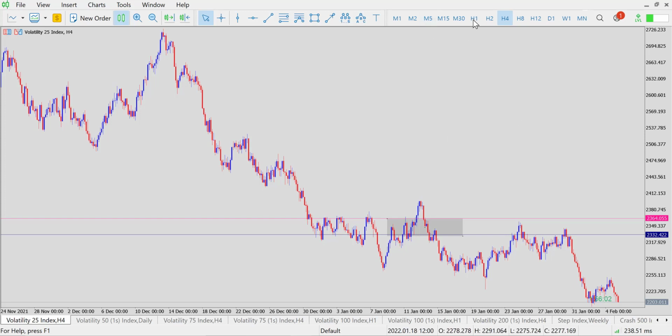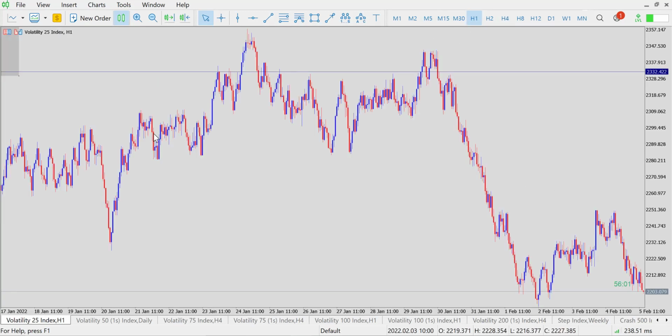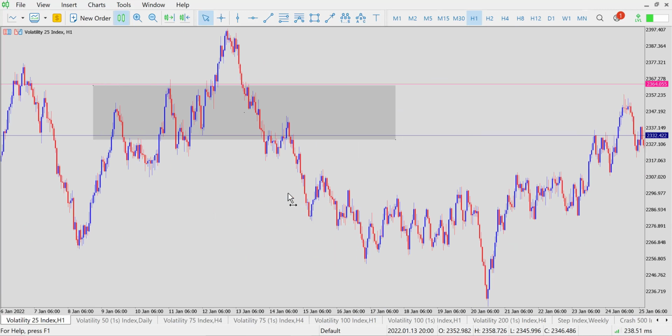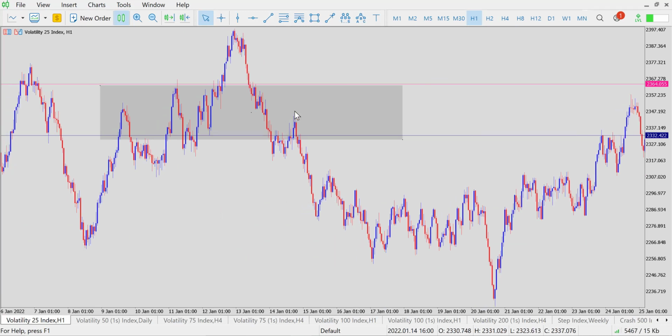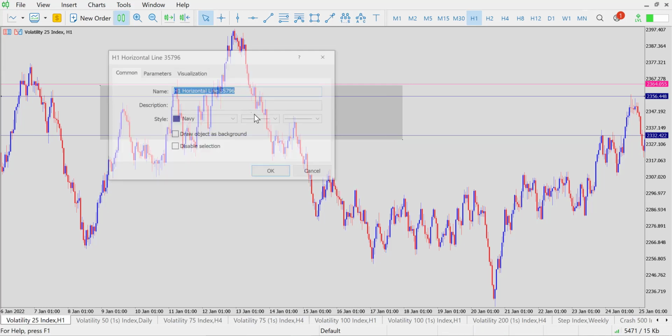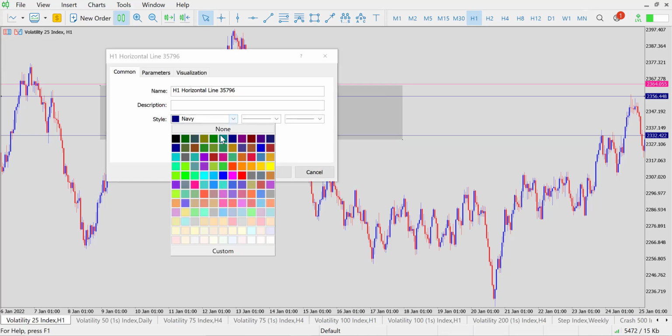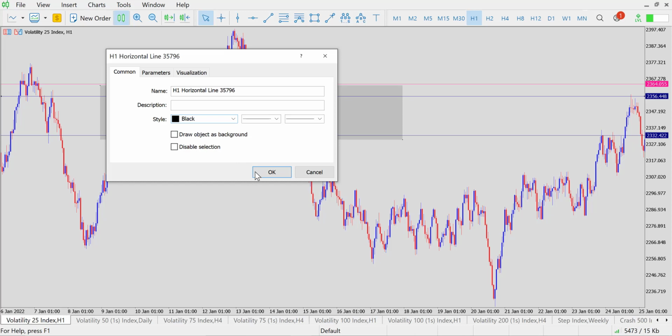Let's just go to H1 again and continue to screen the order blocks with the lower time frames using that strategy. So what I'm seeing is on the mean threshold directly, there is this particular order block. Let me change the color to black so that it's visible as we remove these other things.